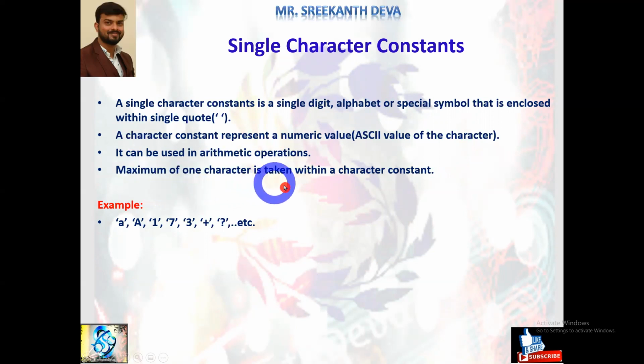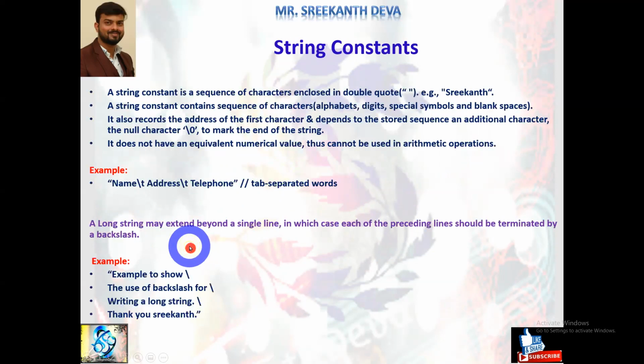A maximum of one character is taken within a character constant. For example, these are all characters enclosed with what? Single quotes. String constants: a string constant is a sequence of characters, or a group of characters, enclosed in double quotes. These are double quotes. For example, Sreekanth. Sreekanth is not a single character.